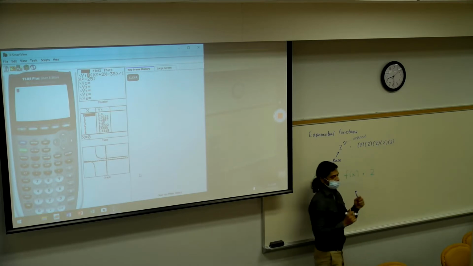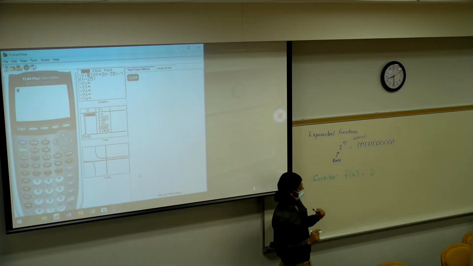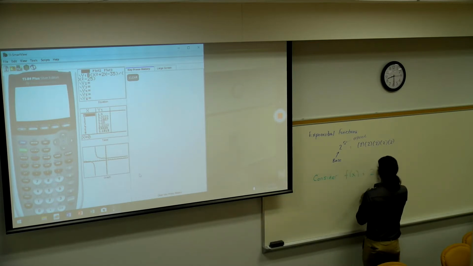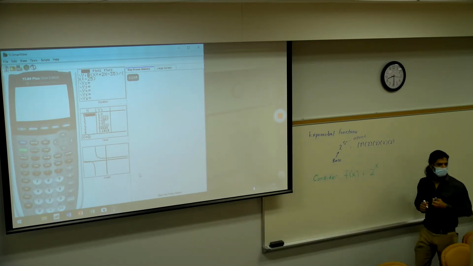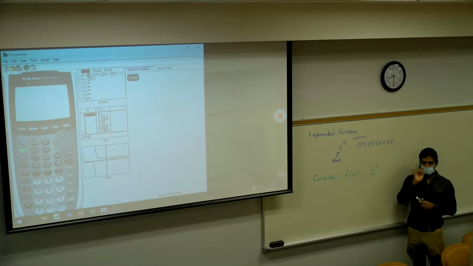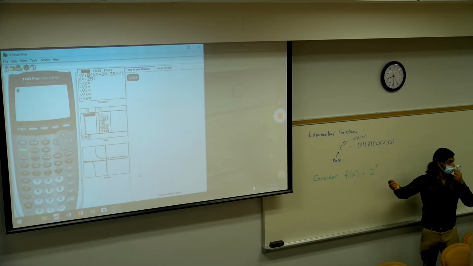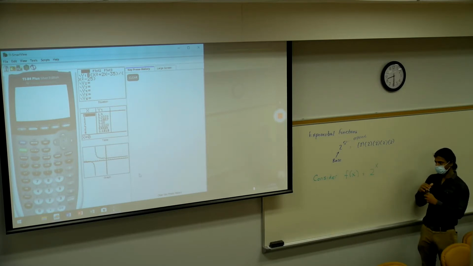I'll keep 2 as is. And instead of having 5, I'm going to have x there. So I could plug in any value of x, and for each value of x, I'm going to end up getting a y value. Agreed? So that is an exponential function with base 2.